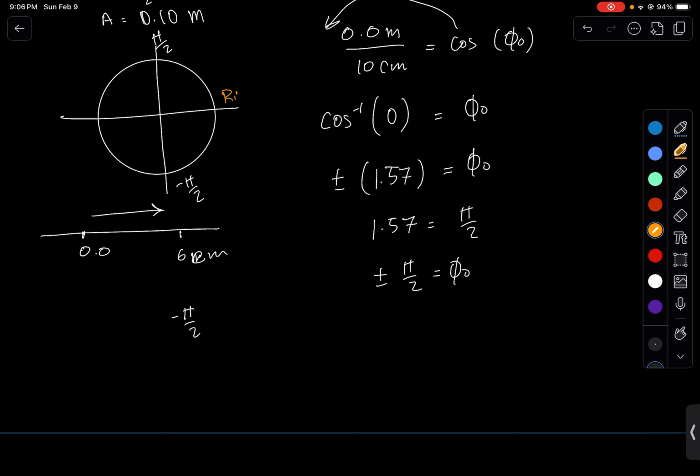Here is our right side, and here is our left side. If we choose pi over 2, it means we are moving from right to left.